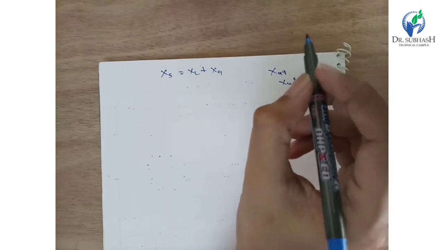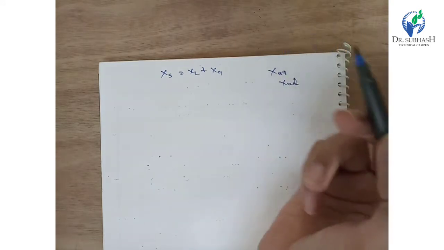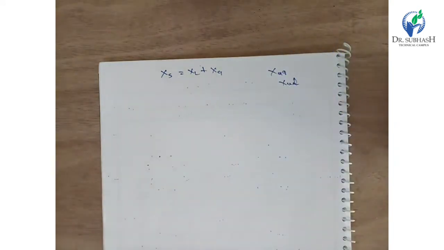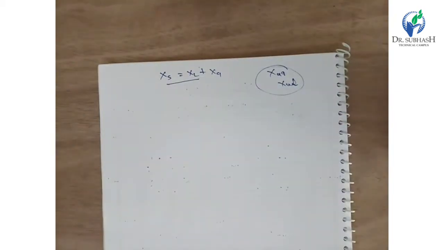Thus, the analysis of a salient pole type machine is done in a different way than for a non-salient pole type machine. The analysis is done using the two reaction theory. As per this theory, the stator MMF, or armature MMF, is divided into two components.